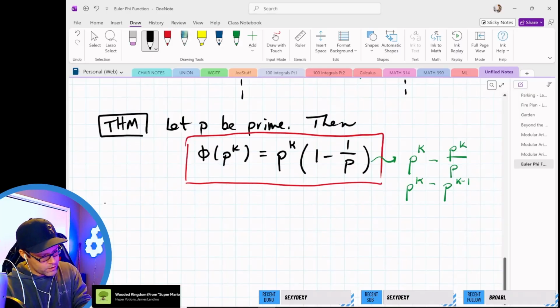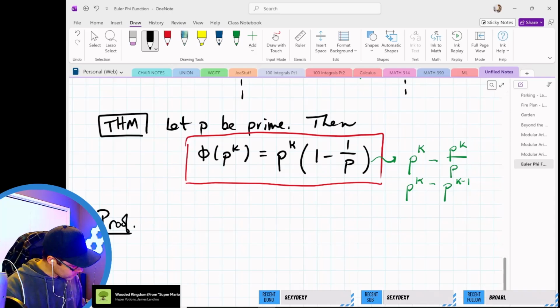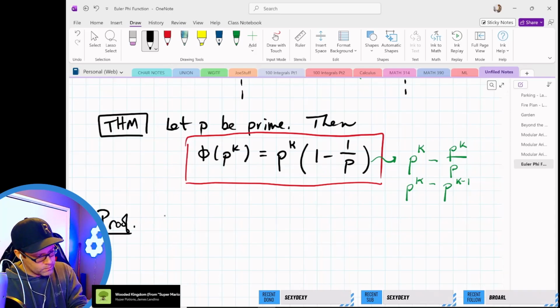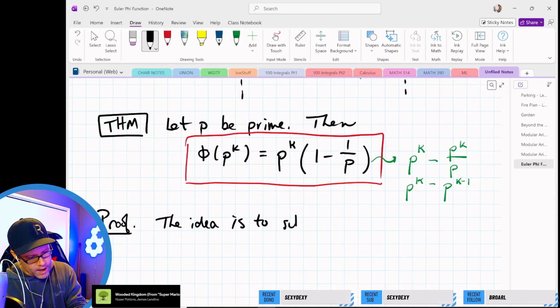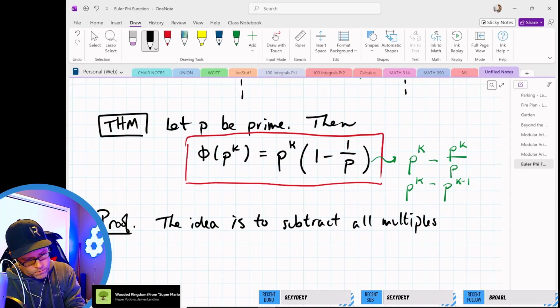Okay, so we can maybe just do a quick little proof of why this works here. So we saw that the idea here is to subtract all multiples of p between 1 and p to the k inclusive.